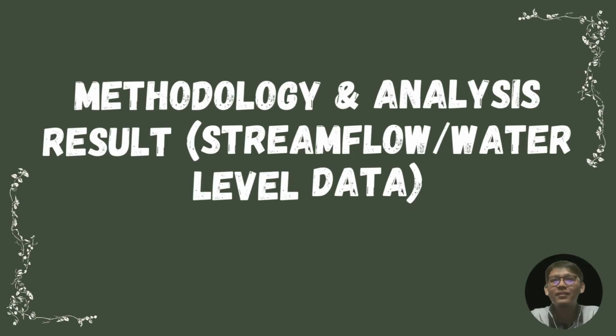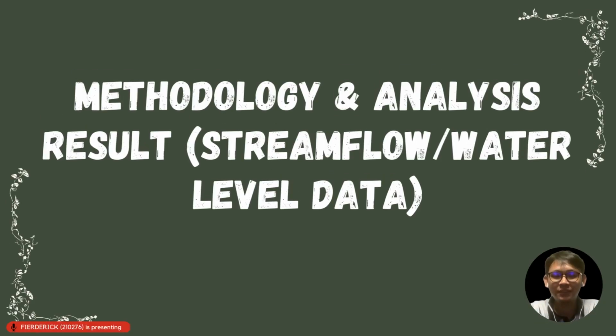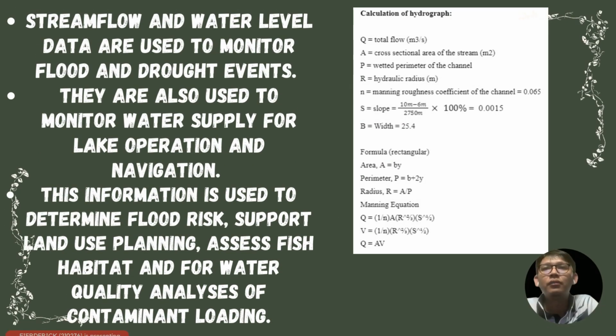Hello, my name is Fierderick Rudi and my metric number is CF210276, and today I will present the methodology and analysis result for streamflow and water level data. Streamflow and water level data are used to monitor flood and drought events.